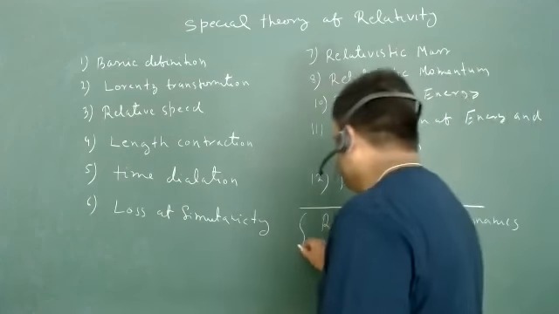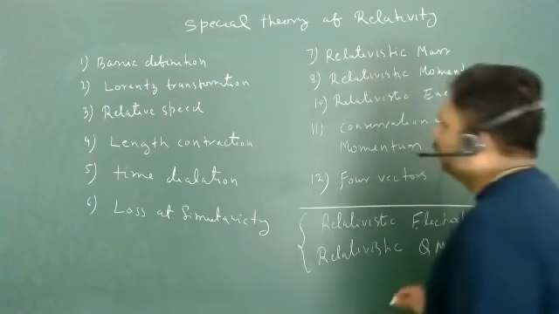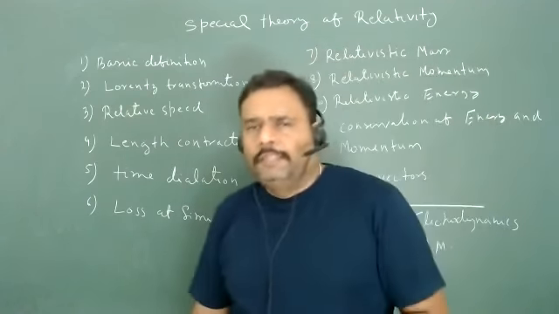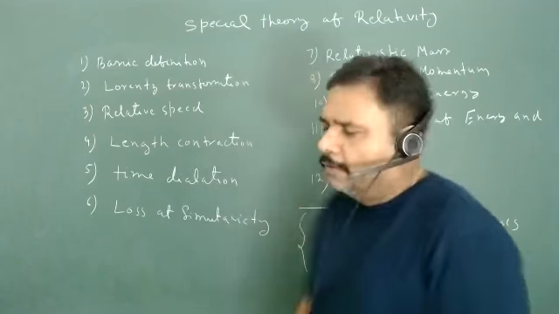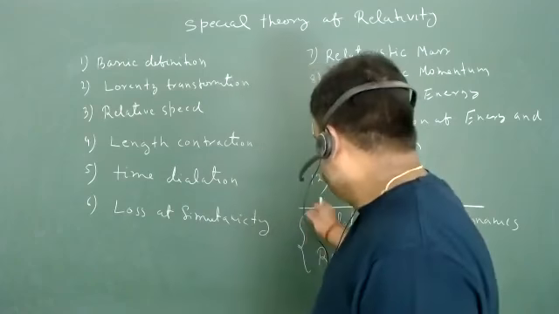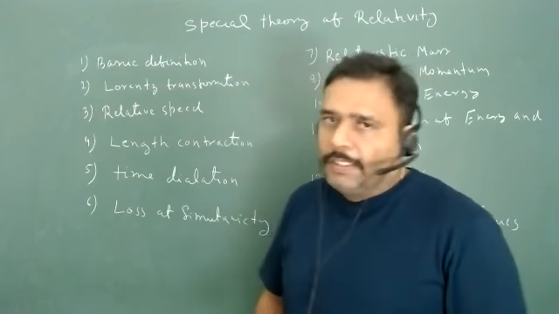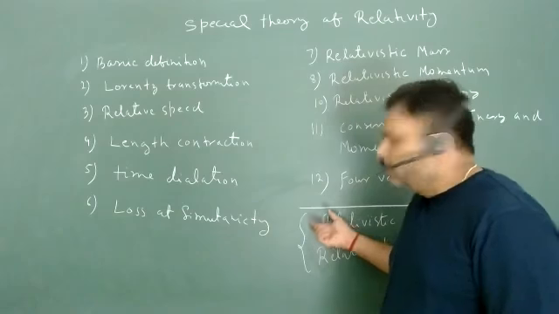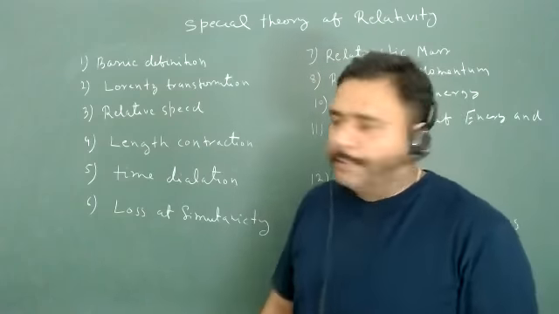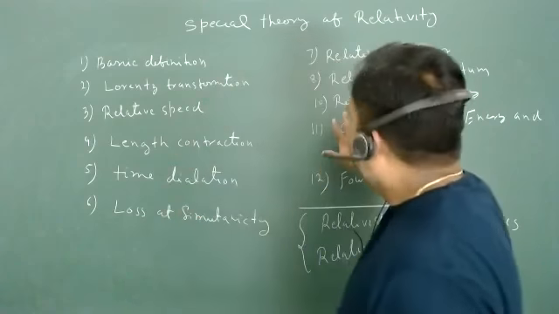This is an advanced topic. So if you are preparing for JAM, then you can skip this topic. Or if you are able to digest everything, then you can go into this topic, because we will take it when we go into electromagnetic theory, and when we go into quantum mechanics. But these are the basic things.